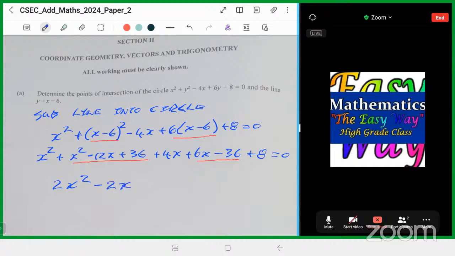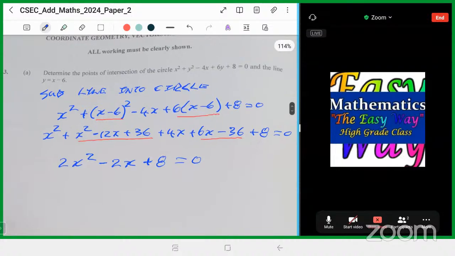And the numbers, this 36 eliminates this negative 36, and so I only have this plus 8. Lovely. Divide through by 2, x squared minus x plus 4 equals 0. Wow. So this cannot be factorized. Let's just make sure.